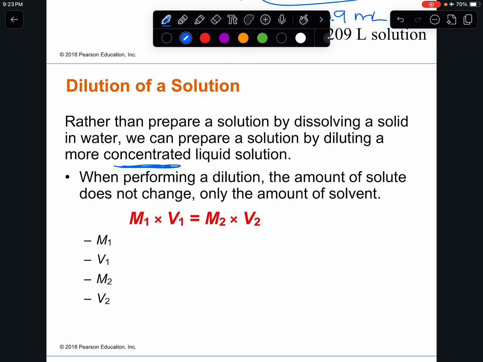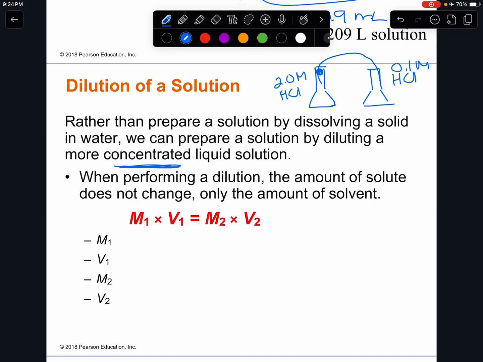So for example, let me go ahead and show you what we would do. So ignore my artwork. I know it's not great here. So let's say we have a flask, and it is a 2 molar solution of HCl. And then what I need was a 0.1 molar solution of HCl. So my goal is a 0.1 molarity solution.